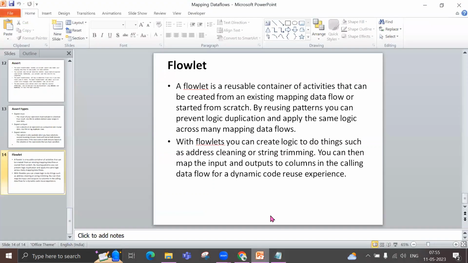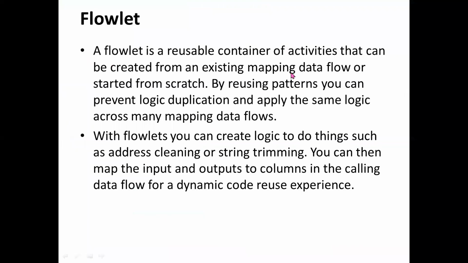That's the purpose of this. You can create a new flowlet from scratch, or if an existing mapping is used again and again, you can convert it into a flowlet and reuse it in multiple data flows.